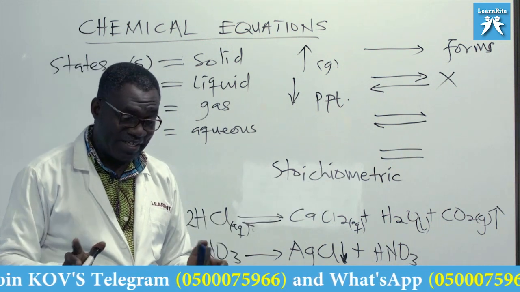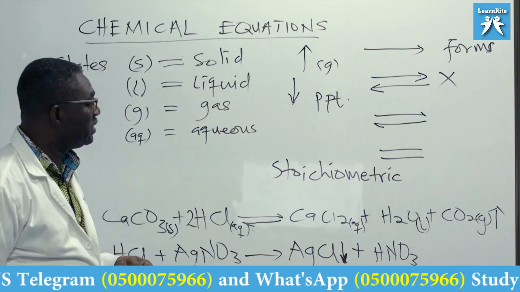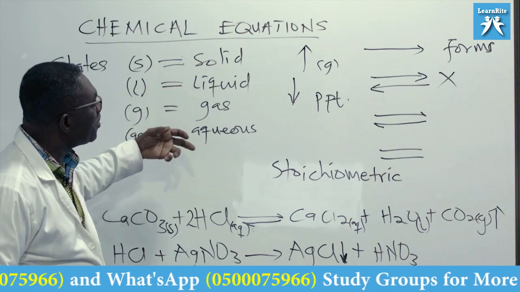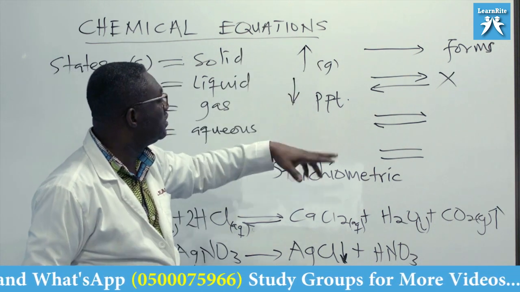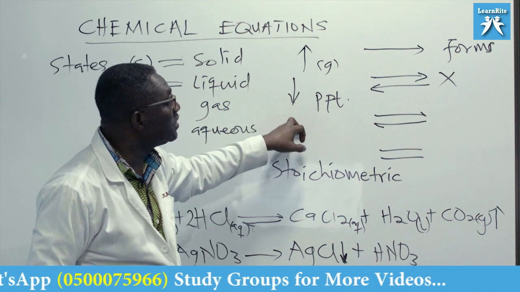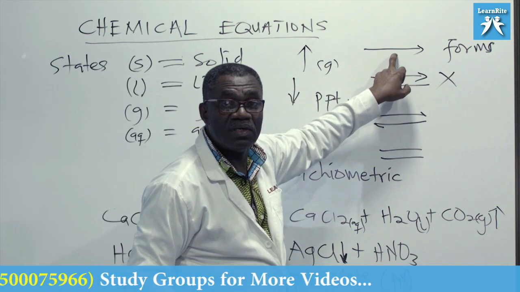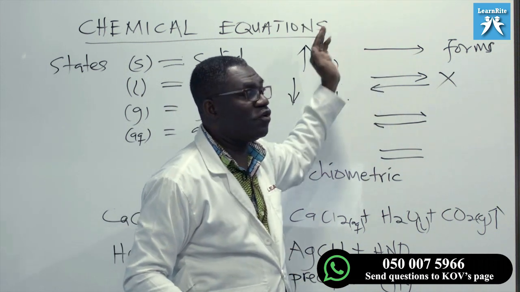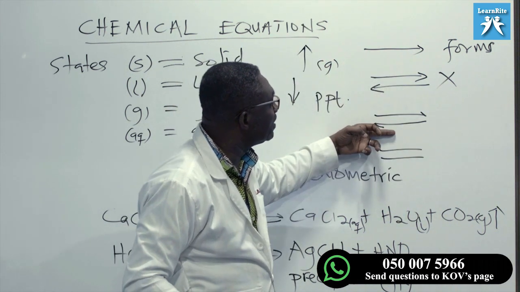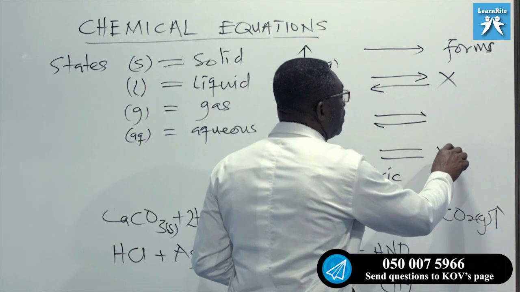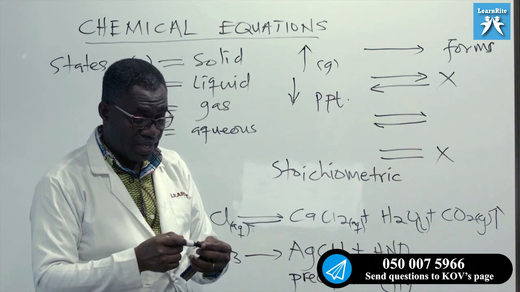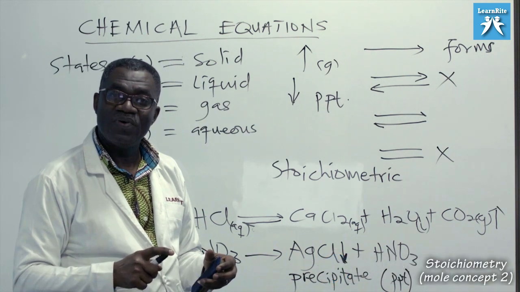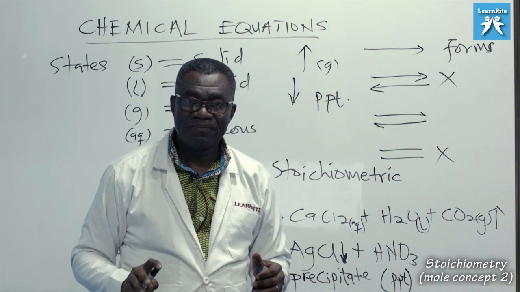Currently, what we'll be very much interested in are these symbols: solid, liquid, gas, aqueous state, a gas evolving, or a precipitate being formed, and then this bigger symbol. In most reactions, you see this, which says that it forms in that direction. And then you also see this, which may not be seen in most of our equations. I hope I've explained everything clearly.